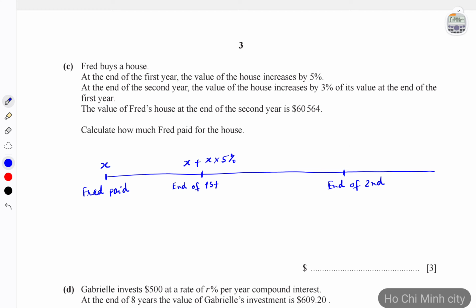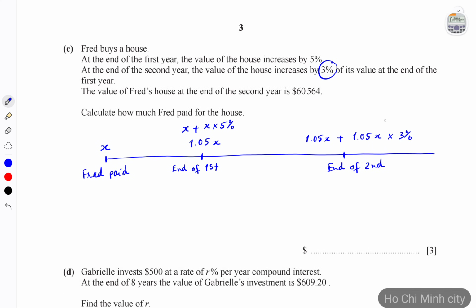So that is 1.05X as the initial amount, plus 1.05 times 3%, and this value is equivalent to 60,564.